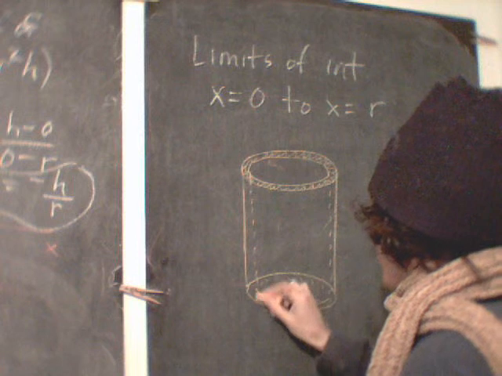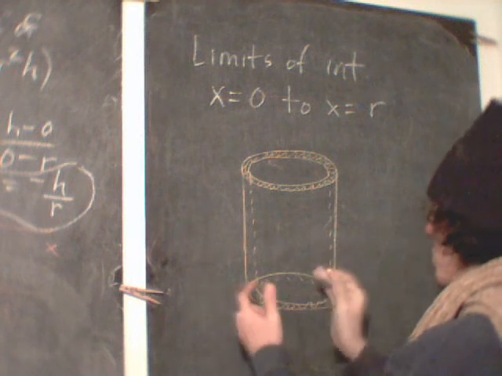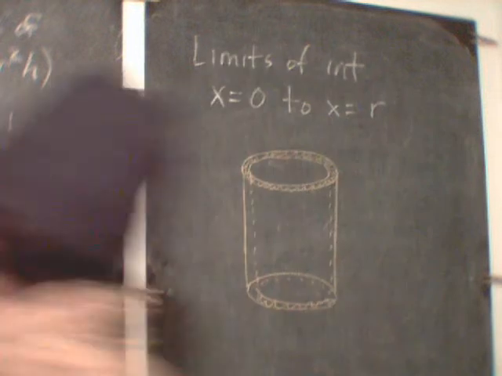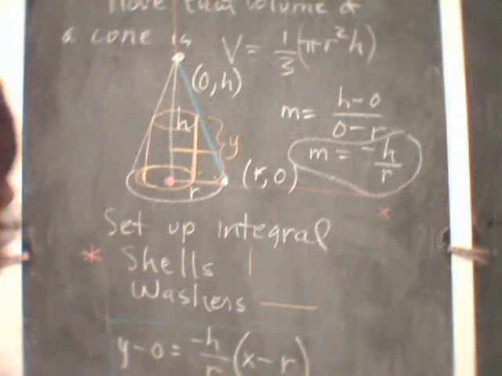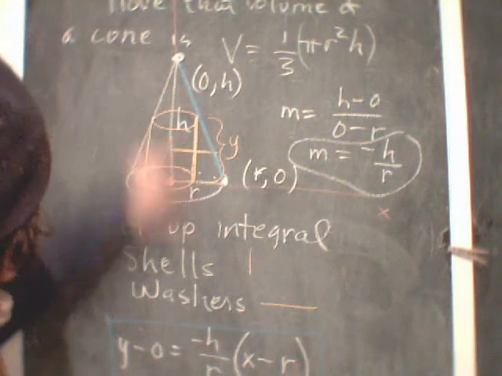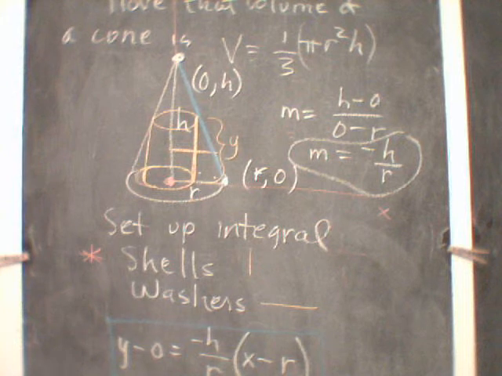So that's why I'm saying we add up all of these shells as we go along, and we'll fill up this complete cylinder, cone. We'll fill up the whole solid three-dimensional cone.